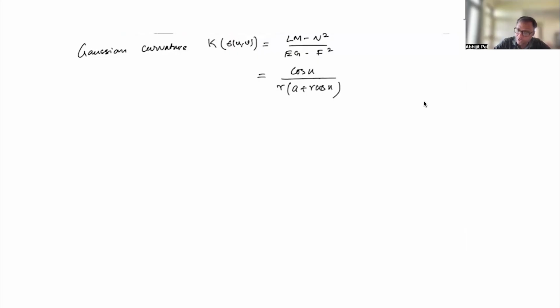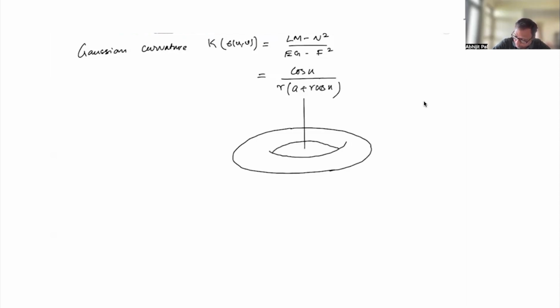So now let us take the torus in R3, and we have this axis. Let us see where this K is equal to 0.